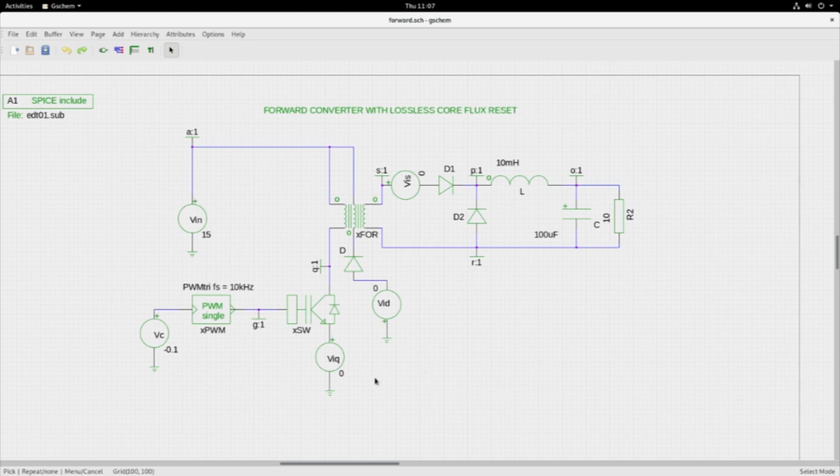Let us now check the current flow in the primary of the transformer flowing through the switch by measuring the current of VIQ, zero source voltage, and also we will see what is the demagnetizing current that is flowing through the diode when the switch is off.